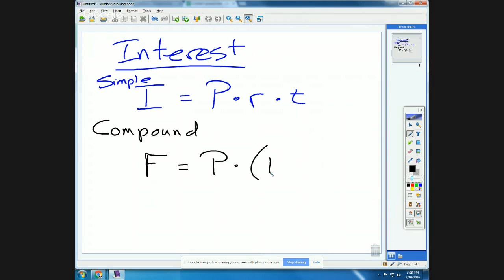It's 1 plus, I like to use R as an APR. What's APR stand for? Do you remember? Annual percentage rate. So then I have to divide by the number of times I collect interest each year. It could be monthly, so it could be 12. And then the power is the number of times you collect interest a year times the number of years.